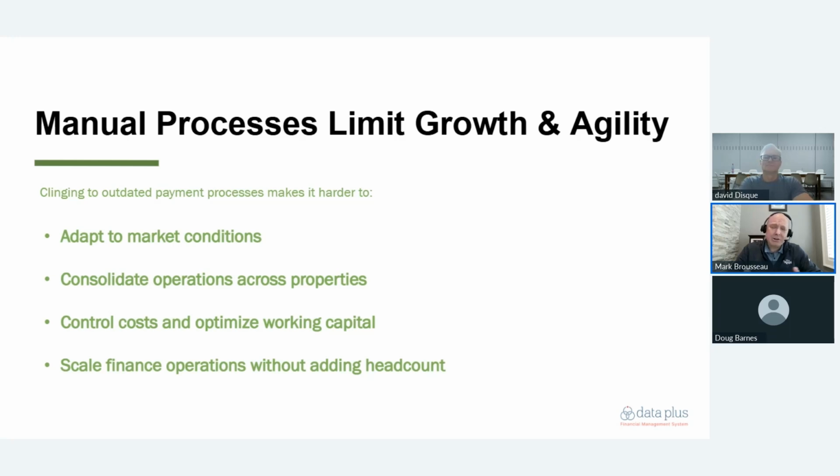Paper makes it hard to control costs and difficult to optimize your working capital, particularly important at a time like this. And when it's time to scale, to grow your business, well, in many cases, those outdated processes require additional staff to print those checks, chase down those signatures, stuff those envelopes, and do all that reconciliation and escheatment. Today, clinging to these outdated payment processes is holding many hotel companies and resorts back.